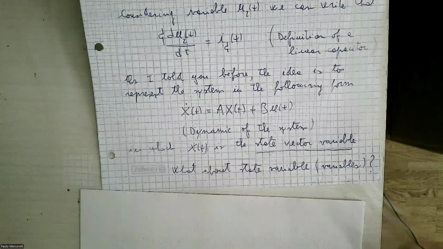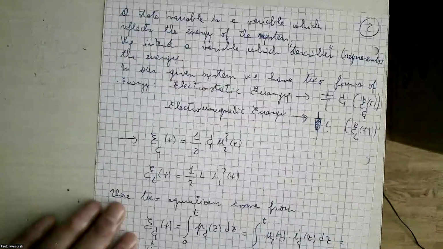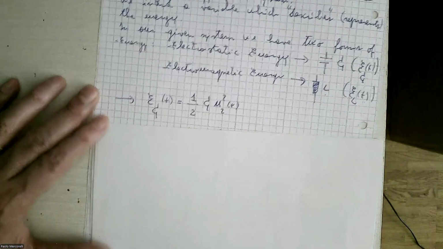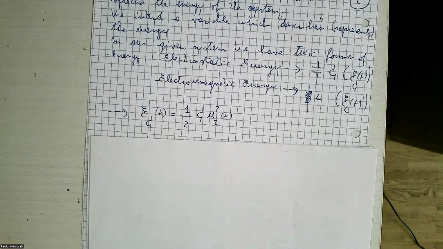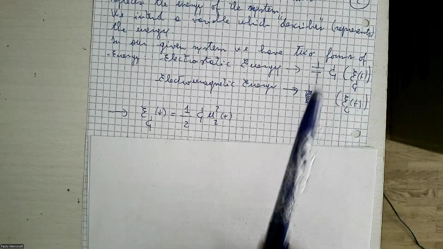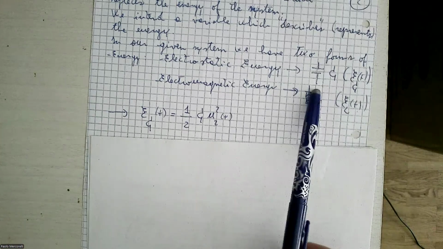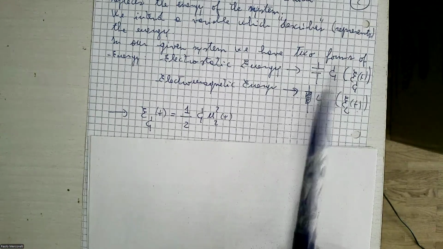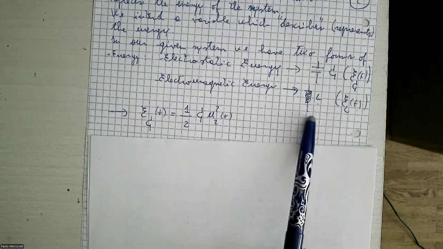But about that, I told you a lot last time. Let me now tell you concretely about the energy quickly, because it's quite similar to last time. We have two kinds of independent energies: energy in the capacitance and energy in the inductance.